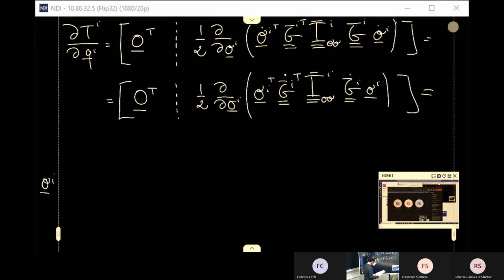Why did I do this? Because now the dependence of this expression on theta is evident. It's here and here, so I can perform this derivation. Let's do it. We are quite there yet, I promise.